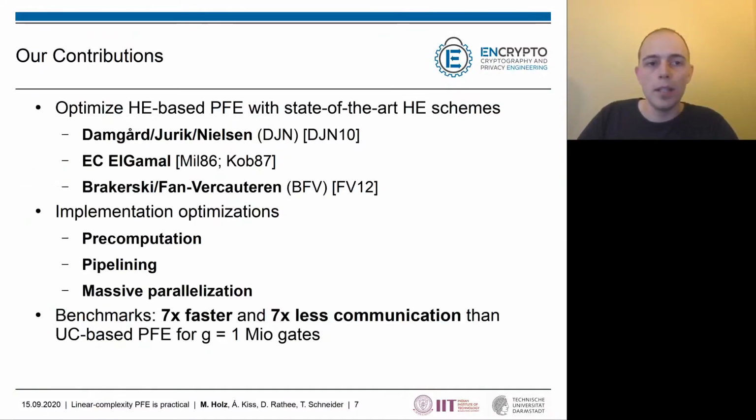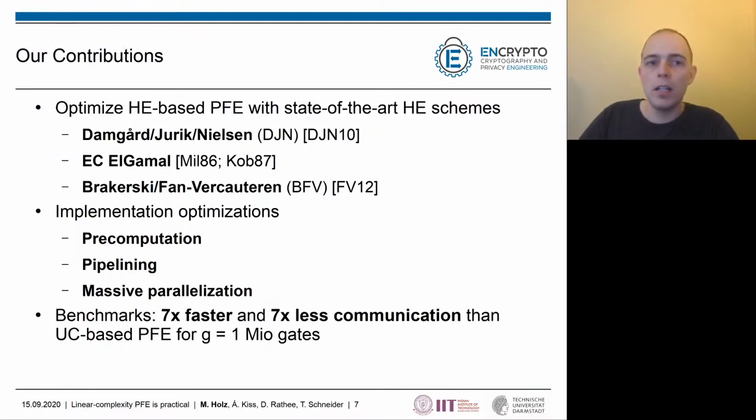So in our paper, we researched some optimizations for homomorphic encryption-based private function evaluation with state-of-the-art homomorphic encryption schemes. First, we implemented the Damgard-Jurik-Nielsen crypto system, which was proposed by the initial work of Katz and Malka in 2011 to be used in their homomorphic encryption based private function evaluation scheme.